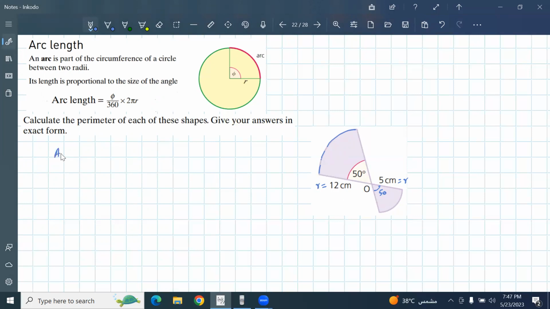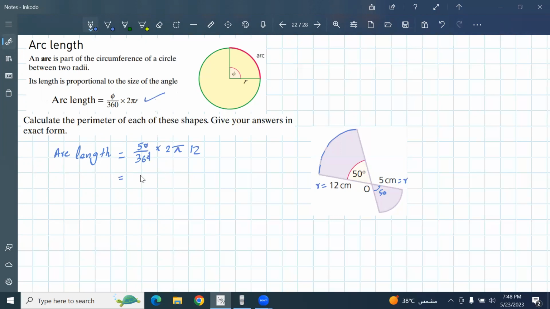So first arc length. The formula is phi/360, and here we have angle 50 over 360 multiplied by 2 pi r, where r is 12. Try to simplify but write the answer in exact form.